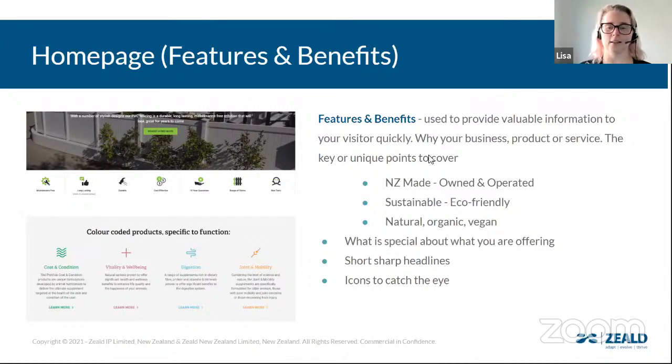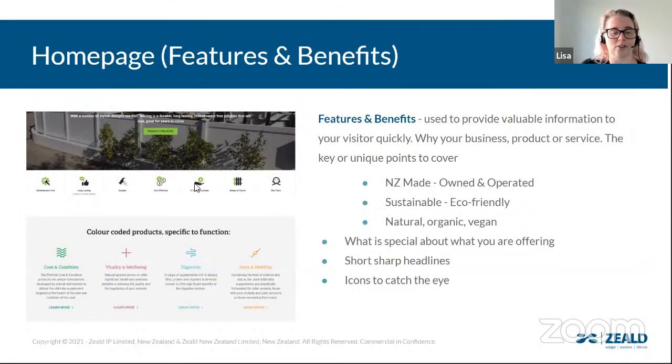So here, this is where you can cover off unique points, such as if you are NZ made, owned or operated, if you're sustainable, eco-friendly, natural, organic, vegan. For example, here, maintenance free fencing, long lasting, it's durable, it's cost effective, it comes with a guarantee.